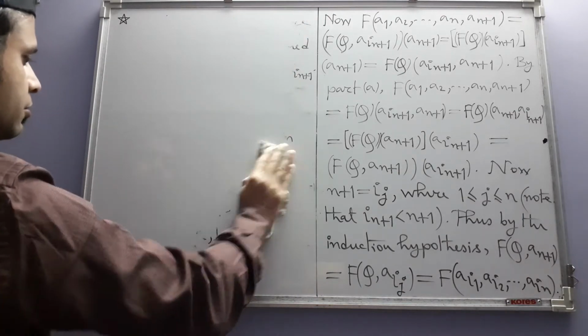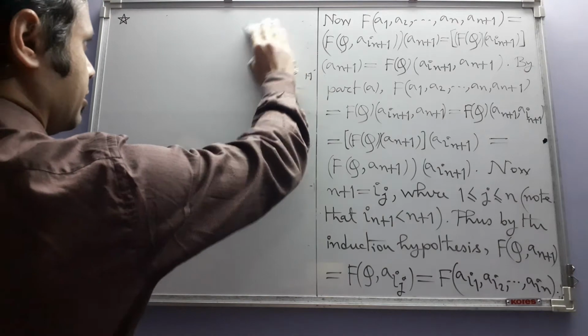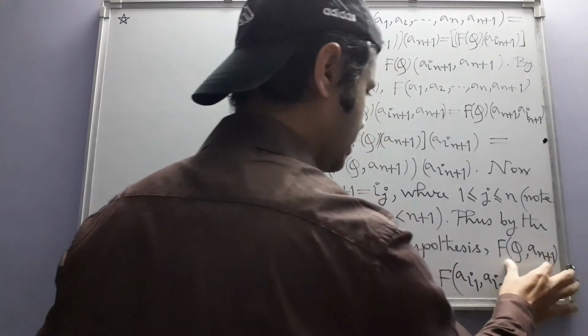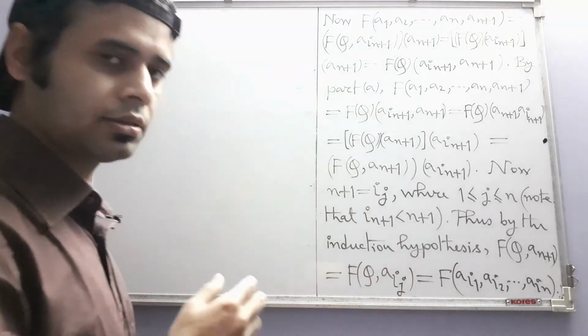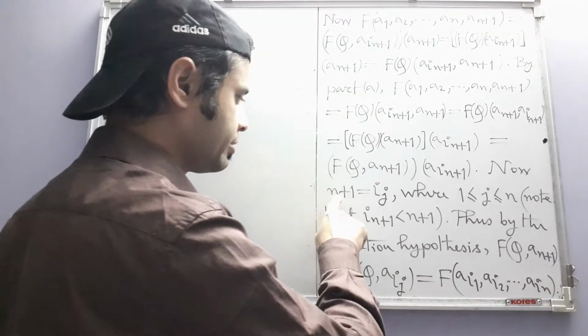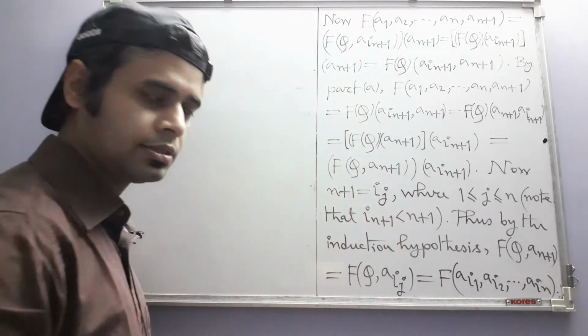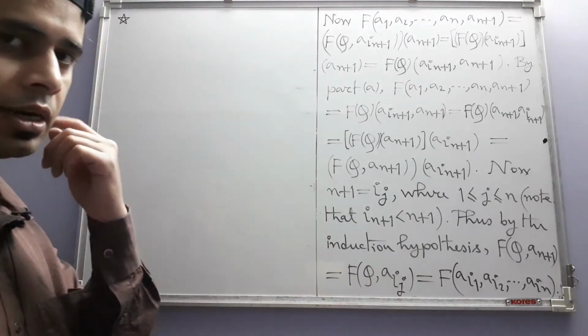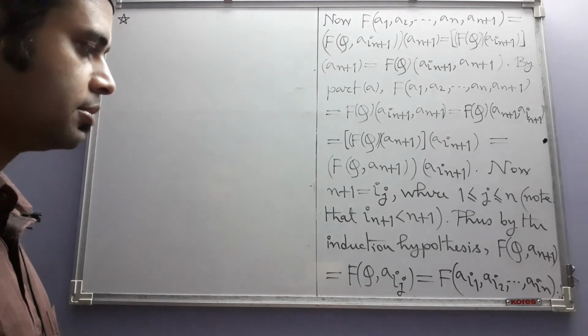And where have we used the induction hypothesis exactly? In this step, of course, we have actually done nothing other than just using this equation. So in the last step, we seem to have used the induction hypothesis.